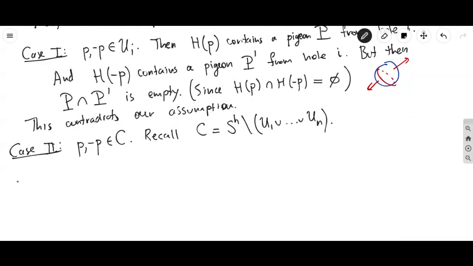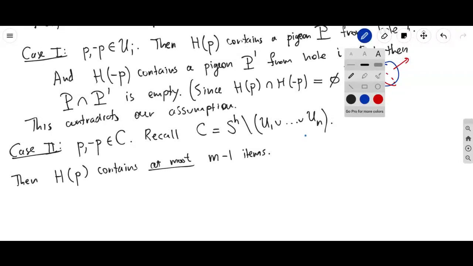So what does this mean? Then the hemisphere at P contains at most m minus 1 items.